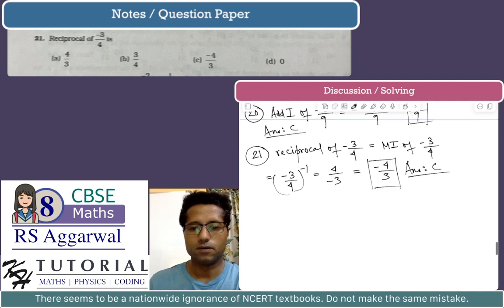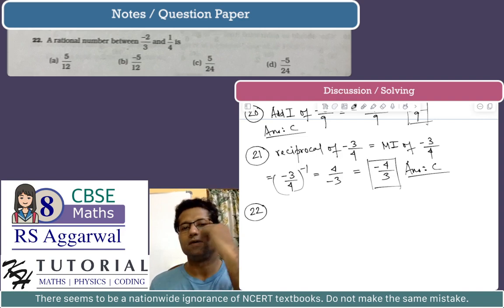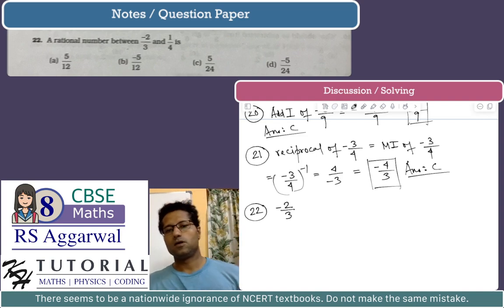Let's do problem number 22. Problem number 22 is a rational number between minus 2 by 3 and 1 by 4. So we have to find a rational number between minus 2 by 3 and 1 by 4.